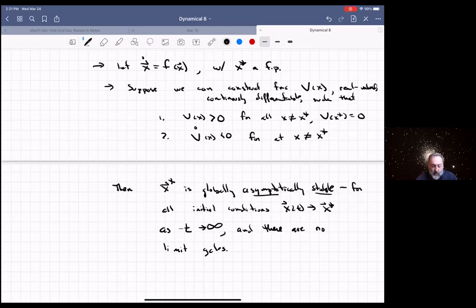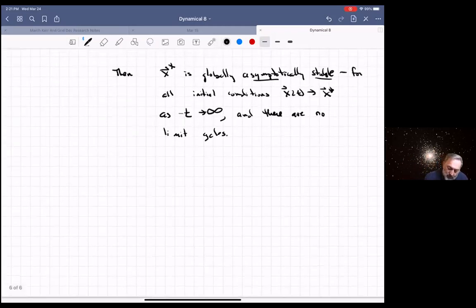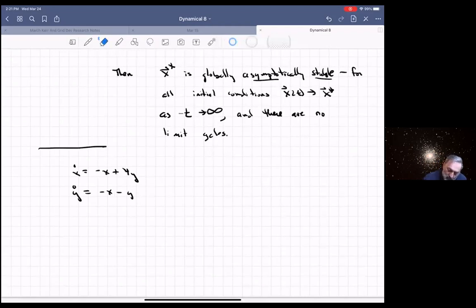Okay, so let me try to do an example. Let's suppose that we have x dot is minus x plus 4y, and y dot is minus x minus y cubed. Okay, so it's nonlinear at this spot.